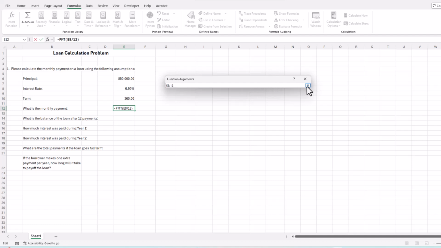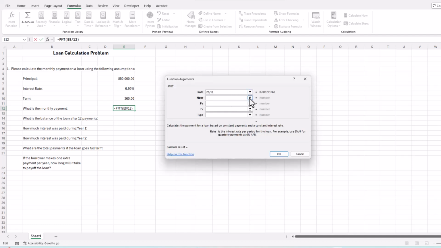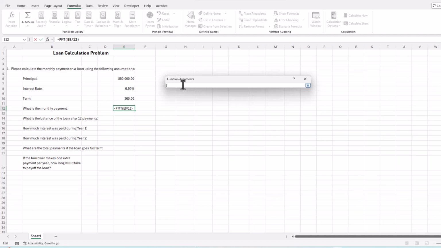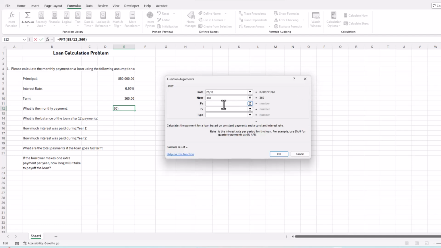Okay? Down arrow. Number of periods. Well, I'll type in 360. And then finally, the present value. What is that? That's the balance of the loan. 850.